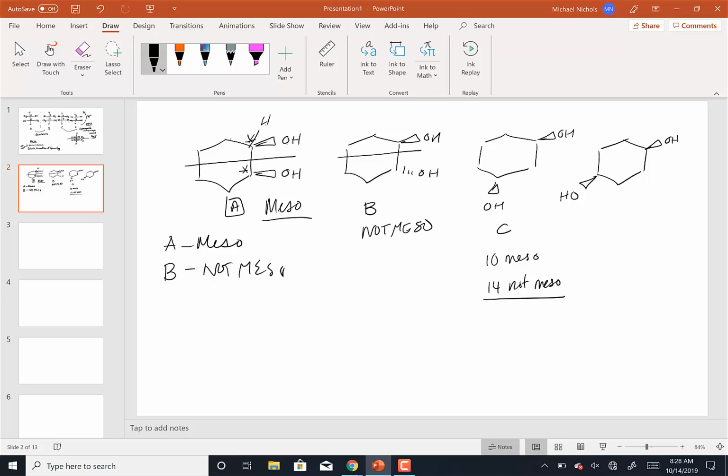Okay, let's go ahead and revote based on your discussion. Based on your discussion, do you keep the same answer or do you change it? Let's go ahead and revote. Meso, not meso. We're now at 10:15.